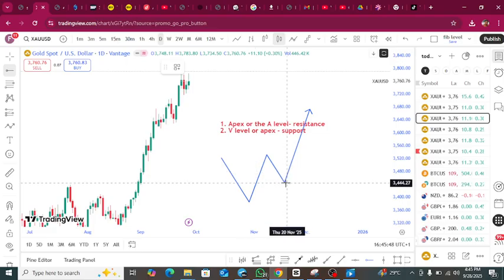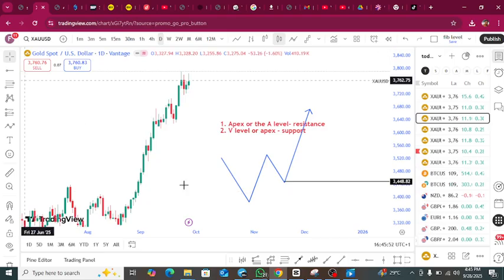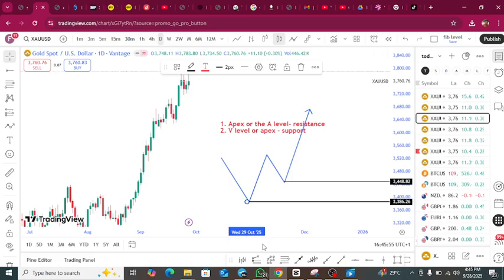It's called apex because it's at the edge. So this is a V level and this is also a V level. This acts as a support, this also acts as a support for the two types of level that I have mentioned.